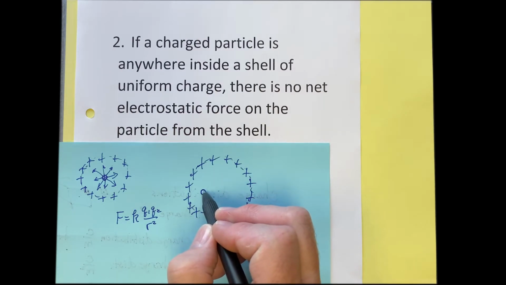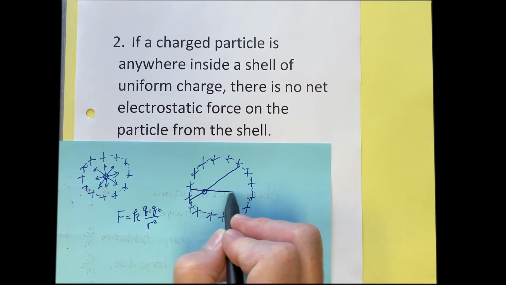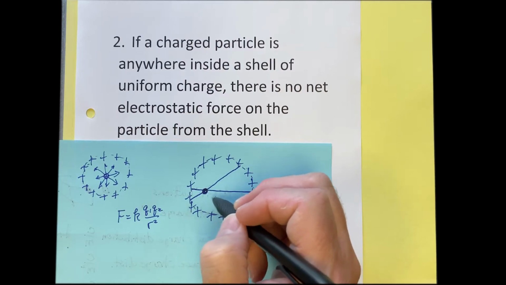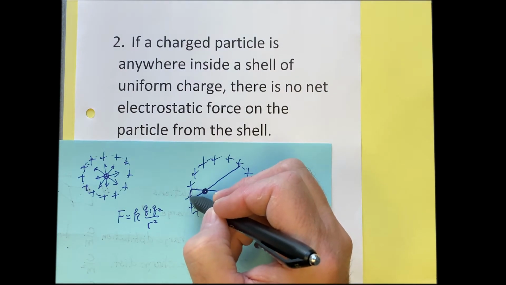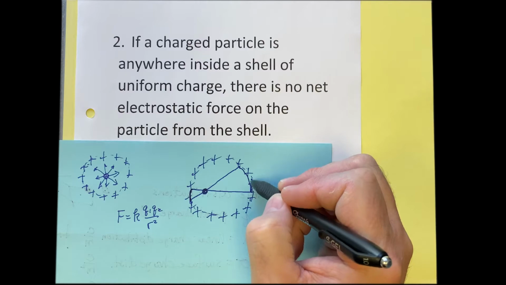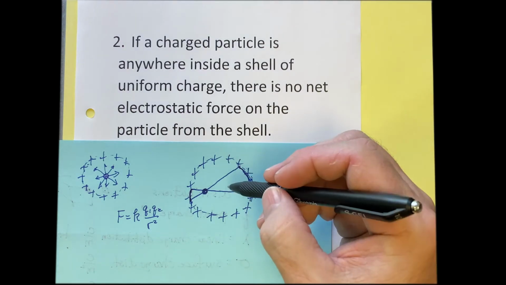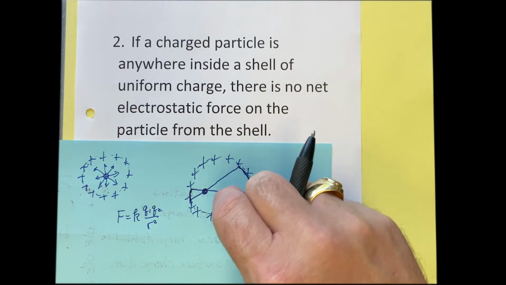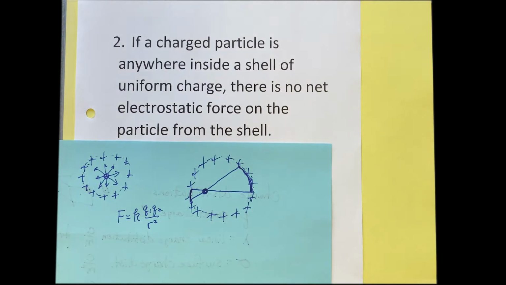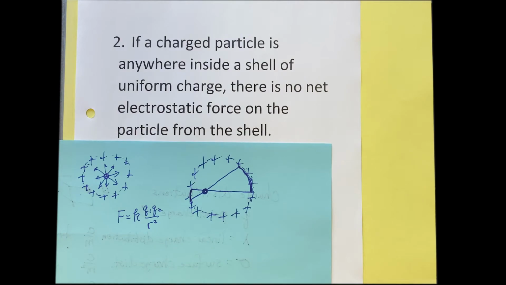So what you can do is think of this as a line that way. Let's draw another line that way, right there. And that's centered where they cross right at the center. Well, if you take the amount of charge that's in this area here and the amount of charge that's in this area here, and you perform the calculation, you can make that angle as small, incrementally small, infinitesimally small as you want to, so that you could do the calculation and then integrate around the whole surface area that's inside the shell.